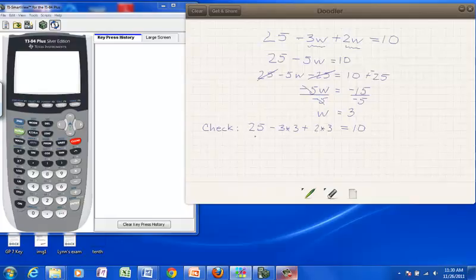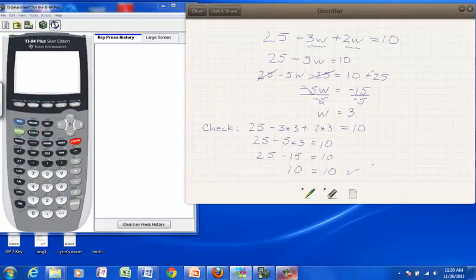And let's see. 3 3s and 2 3s are 5 3s. And 10 equals 10. Great, that checked.